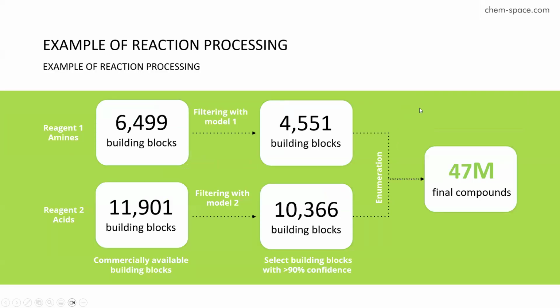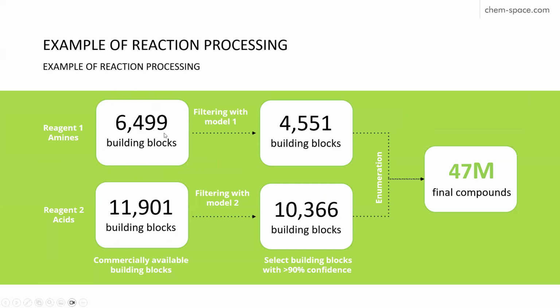So this is just an example, amide coupling. We have, let's say, a collection of commercially available building blocks. Applying our set of SMARTS, we can get these building block pools, so basically a set of amines and a set of acids.